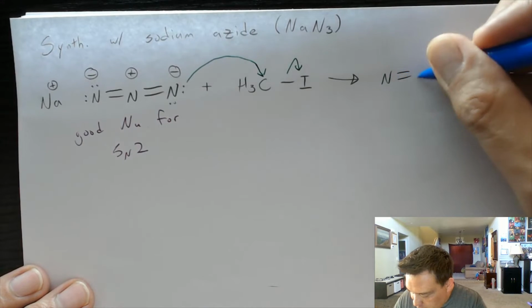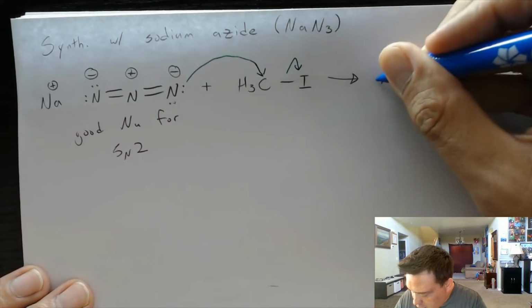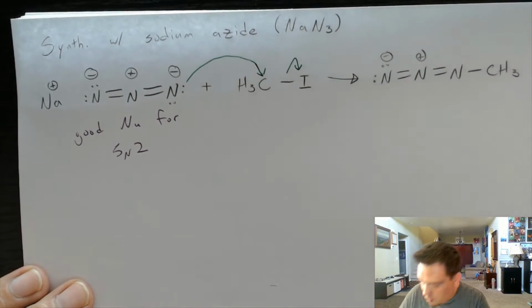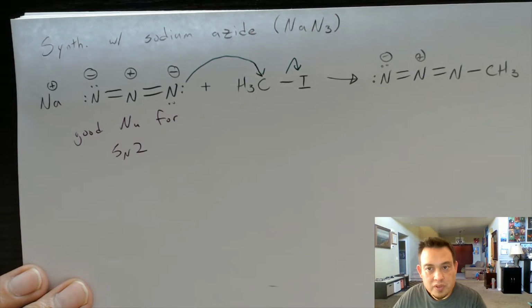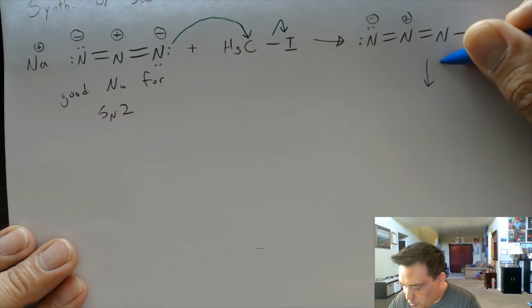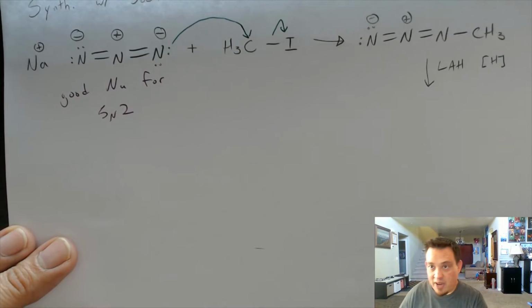We have N double bond N double bond N methyl. Overall it's neutral now. And then what we do here is do a reduction with LAH, and we now have methylamine.